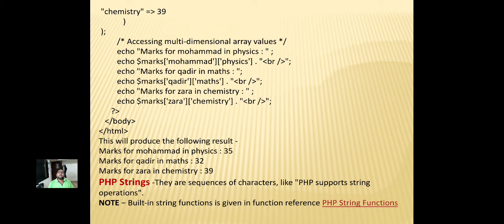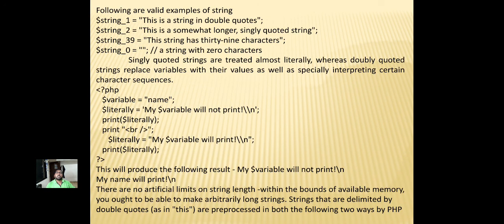39. PHP string: they are sequences of characters. PHP supports string operations. Note, built-in string functions are given in the function reference, PHP string functions. Following are valid examples of a string in here.